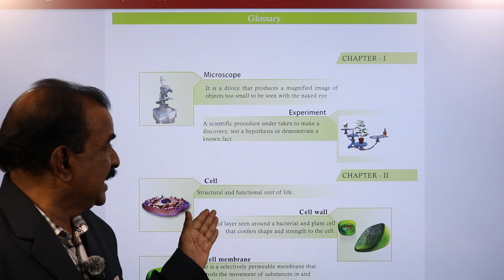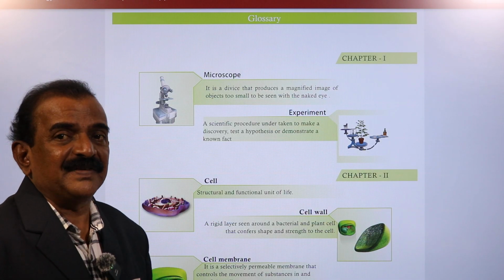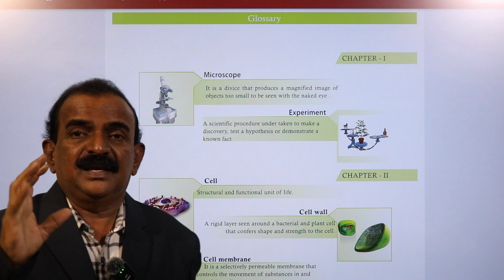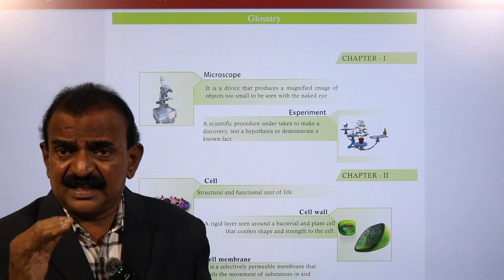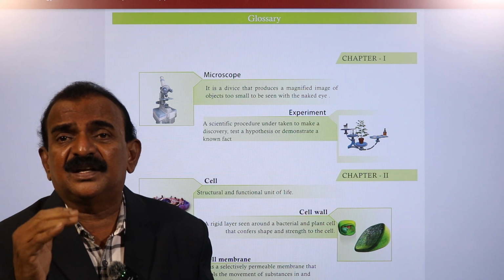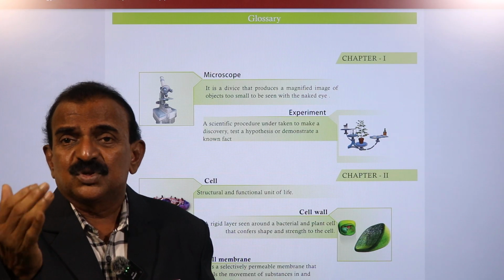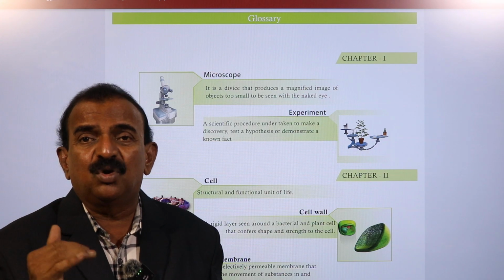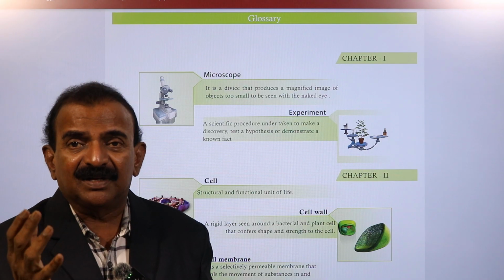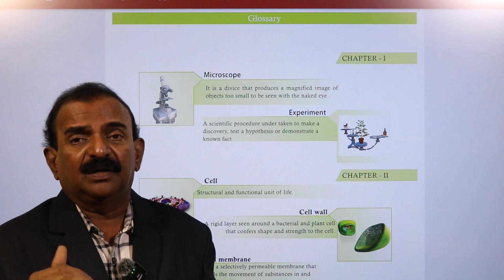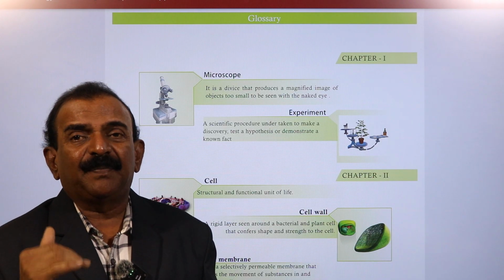Now you see chapter 2, and there is the cell. A cell is a structure, and cells are called the structural and functional units of living organisms. We observe cells both in plants and animals. Living organisms are made up of cells.